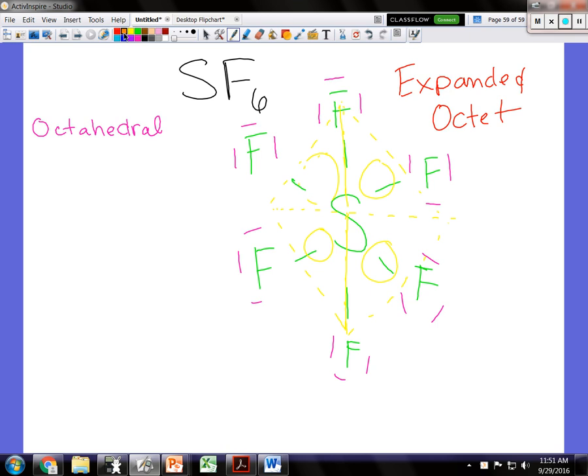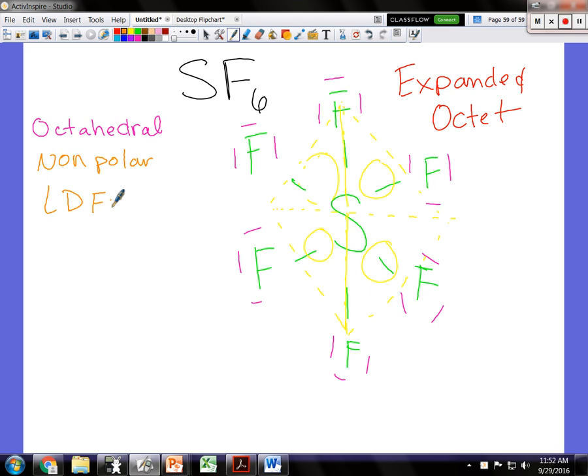All right, octahedral. Is this thing polar or non-polar? Non-polar, so automatically what's your IMF? LDF. That's an automatic. Okay? If all of those F's started pulling out on that S, which F wins? None of them. That's why it's not polar.